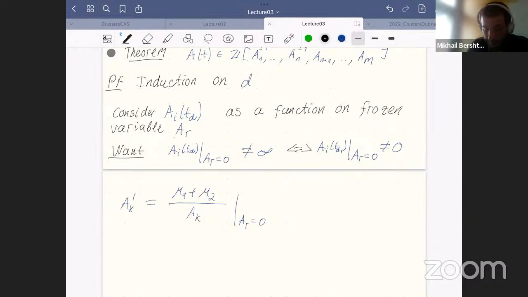Note the following: first, let me note that AR appears in no more than one. It appears in one of the monomials, it cannot appear in both, M1 and M2.